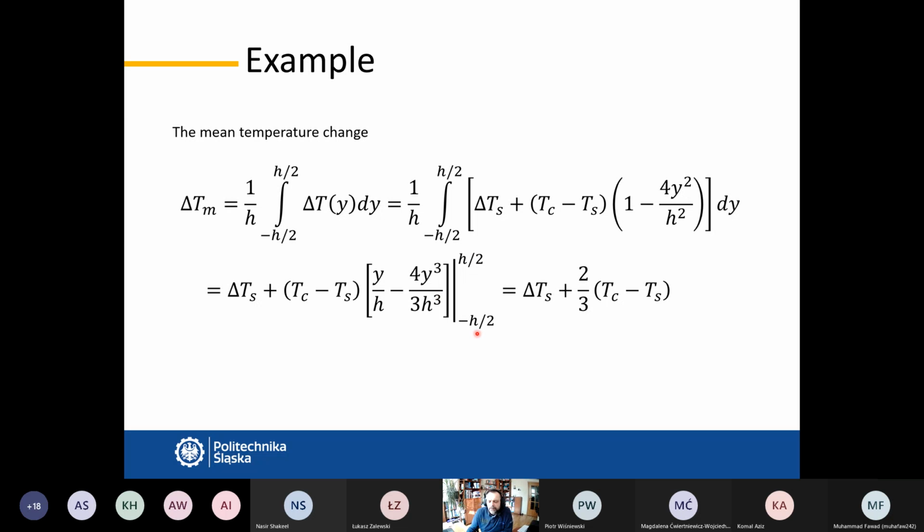If we put the boundaries in, the result will be delta Ts, the change in temperature of the surface, plus 2/3 of Tc minus Ts. So from here we can easily calculate the mean temperature across the section.